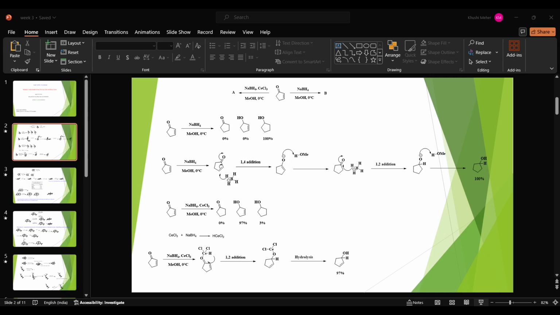As a result, the hydride will be transferred easily to the carbonyl group as compared to the alkene, the double bond of the alpha beta unsaturated ketone. That's why in this case particularly we reduce the keto group in place of the double bond.